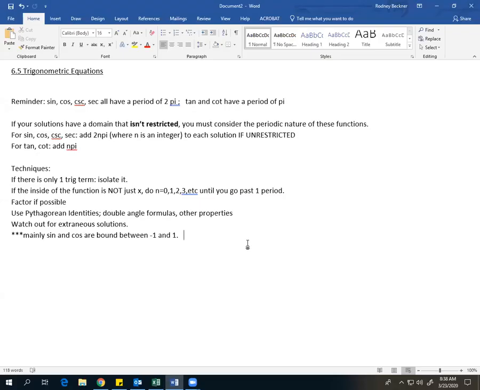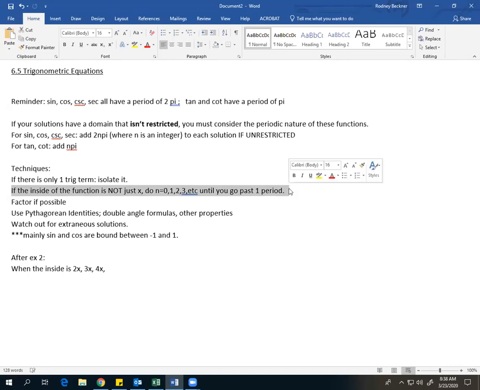So this is after example 2, when the inside is 2x, 3x, 4x, any multiple of x. This is what I mentioned earlier. The inside of the function is not just an x. A substitution is a good idea.